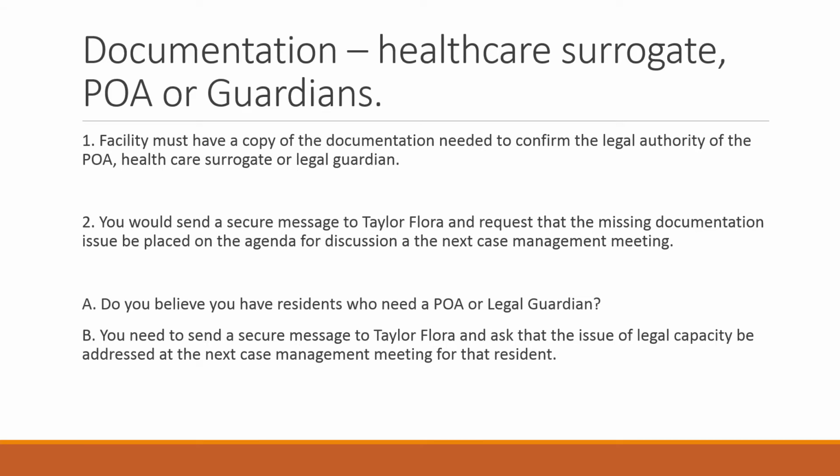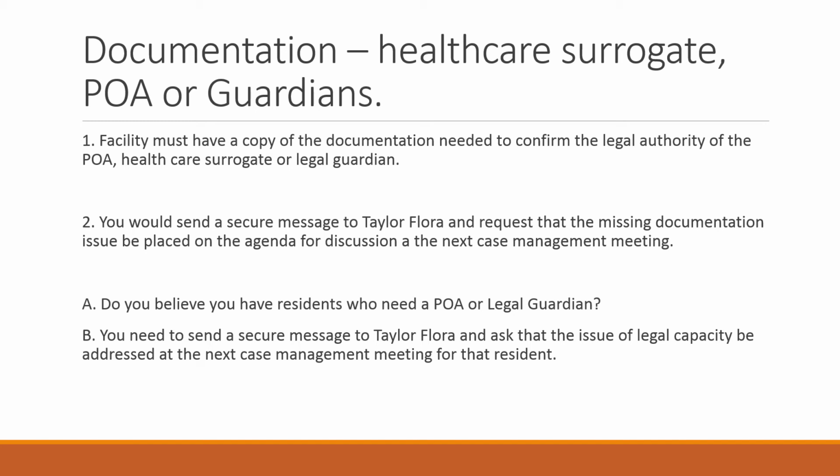So documentation of the healthcare surrogate, power of attorneys or guardians is also important as well. The facility must have a copy of the documentation needed to confirm the legal authority of the POA, healthcare surrogate, or legal guardian. A lot of times people believe that if I am the payee representative, that somehow makes me the legal representative or POA, or is a grant of legal authority that otherwise does not exist.